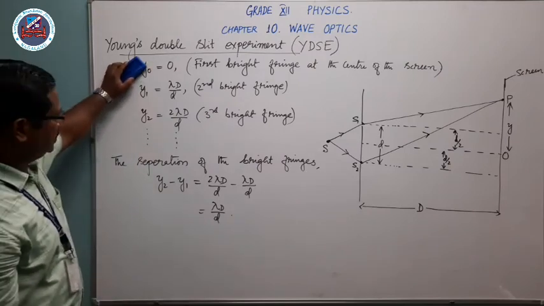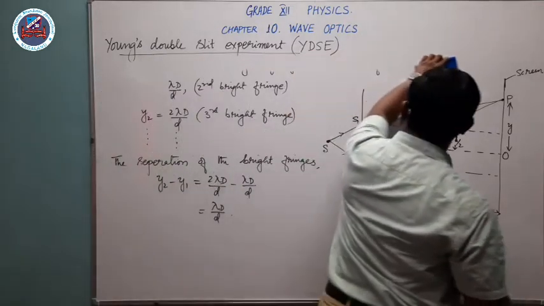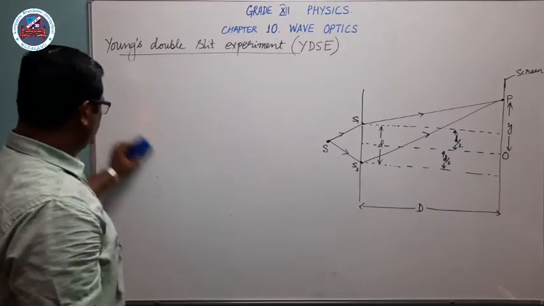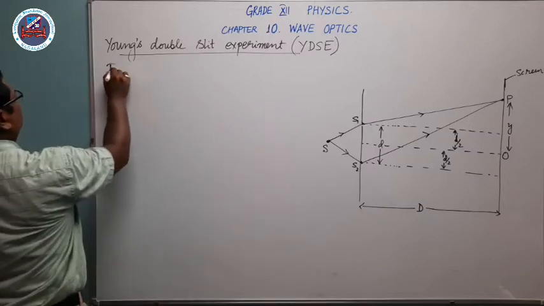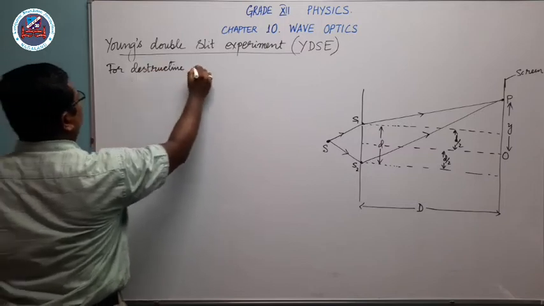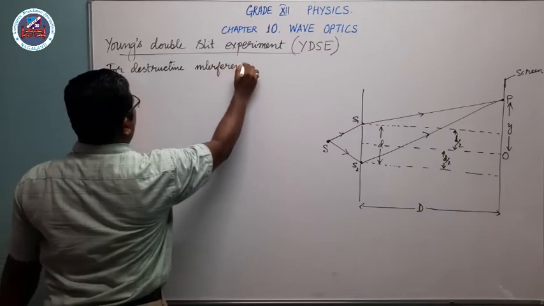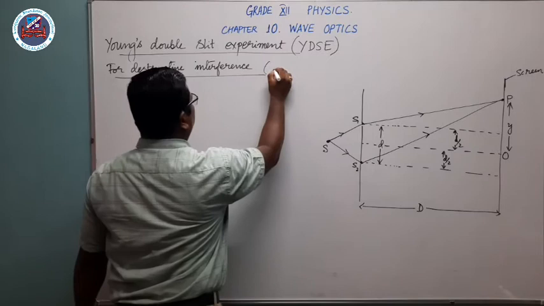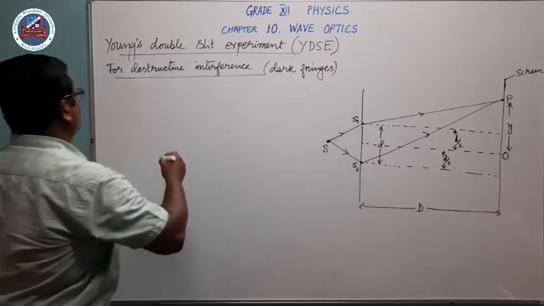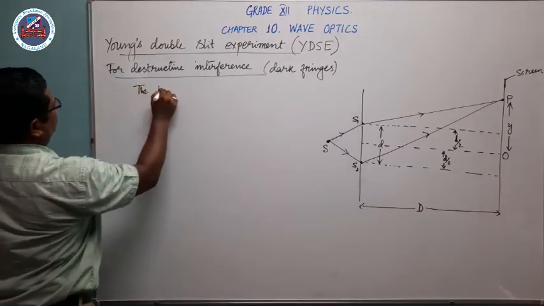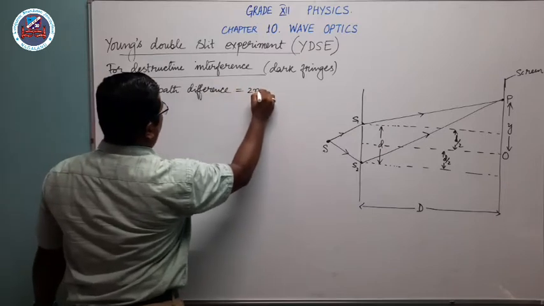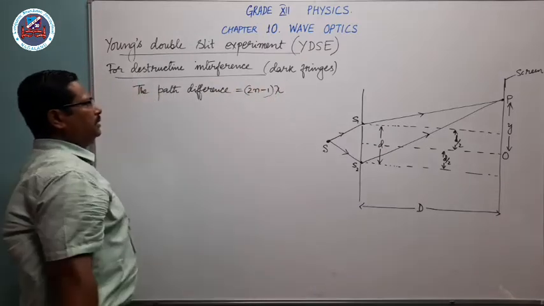Now for dark fringes, that is for destructive interference, we have the path difference 2n minus 1 times lambda by 2, from the theory of interference.